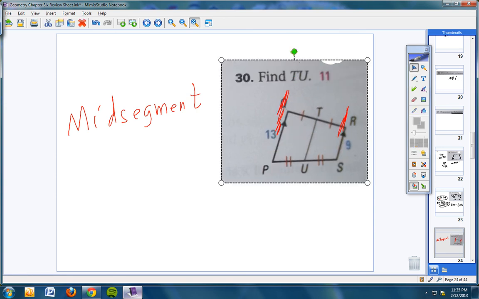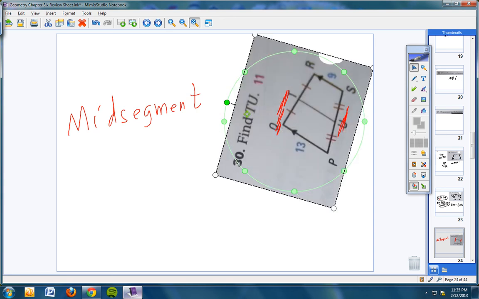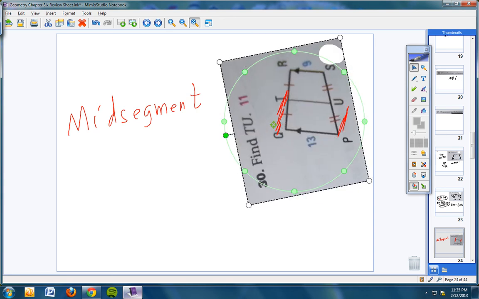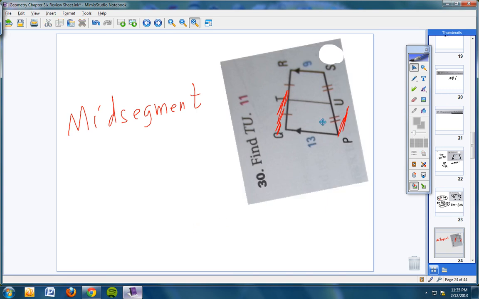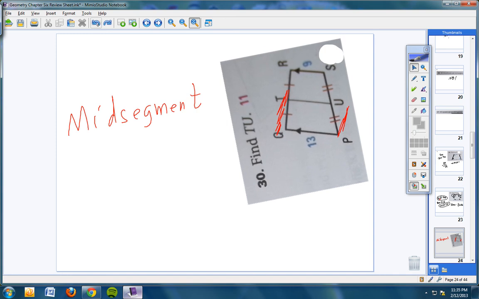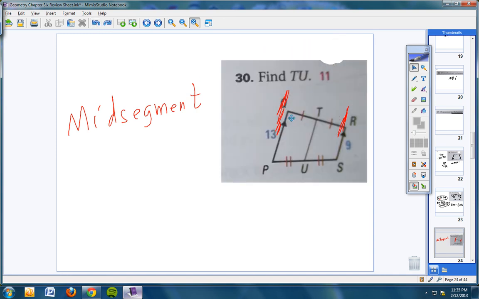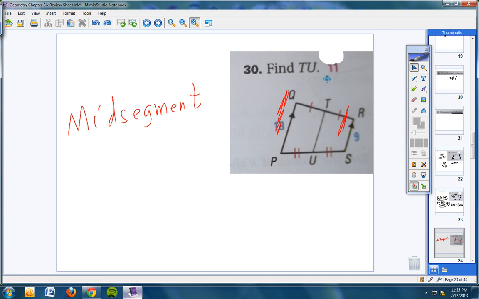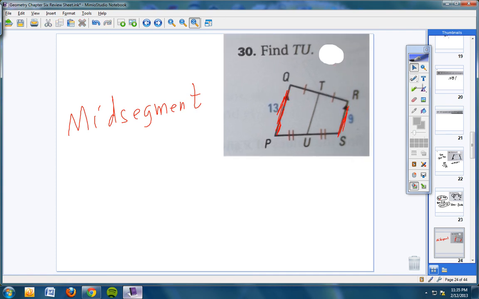Let me show you here. We're used to seeing this thing turned around, so it looks like that. I know you are. I understand that. And I know it's a little confusing, but hey, you can have these parallel sides. Maybe we'll try this. Here we go. You do not have to have the parallel sides running this way.